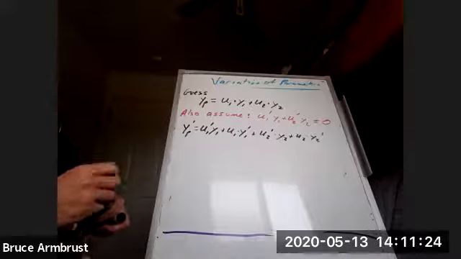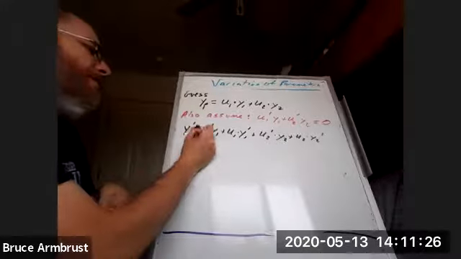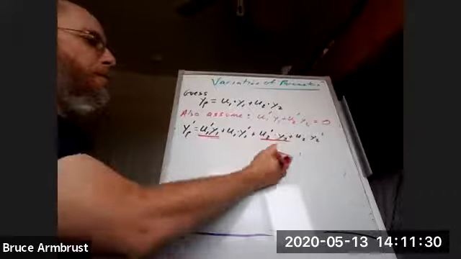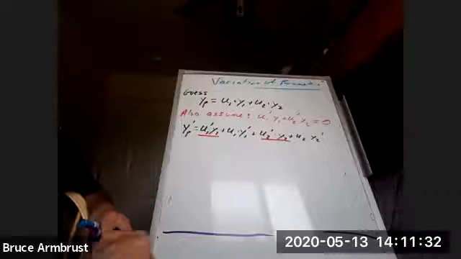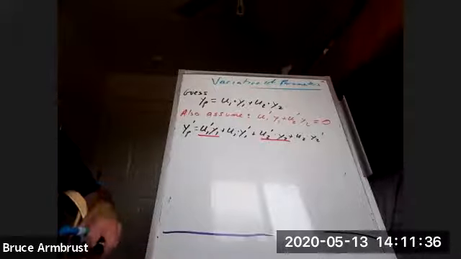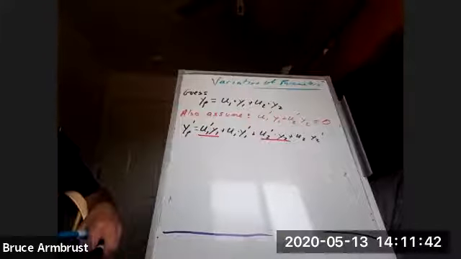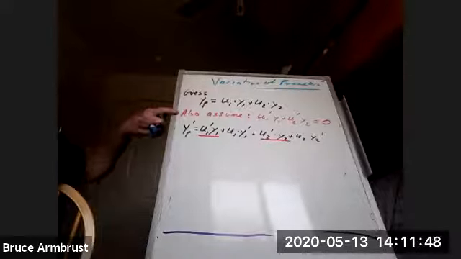But check this out. We've got a u1 prime y1, a u2 prime y2. And remember that assumption that I made? This is why I make that assumption, because now that's just going to equal 0. Those two pieces are going to add to 0 because I want it to be.